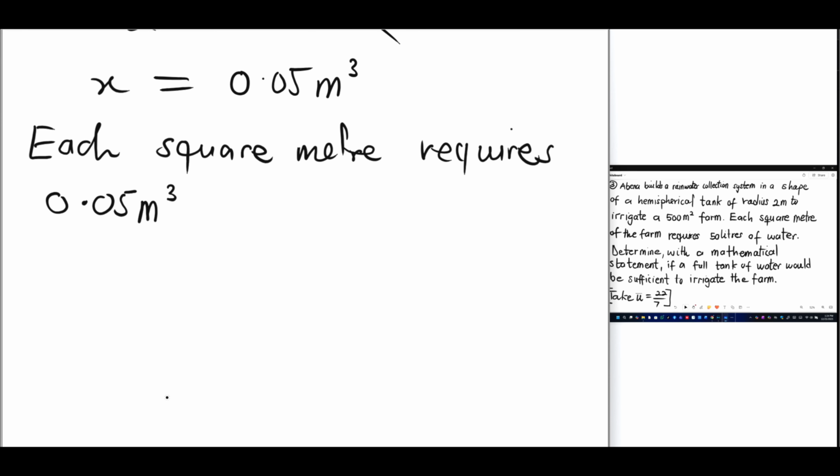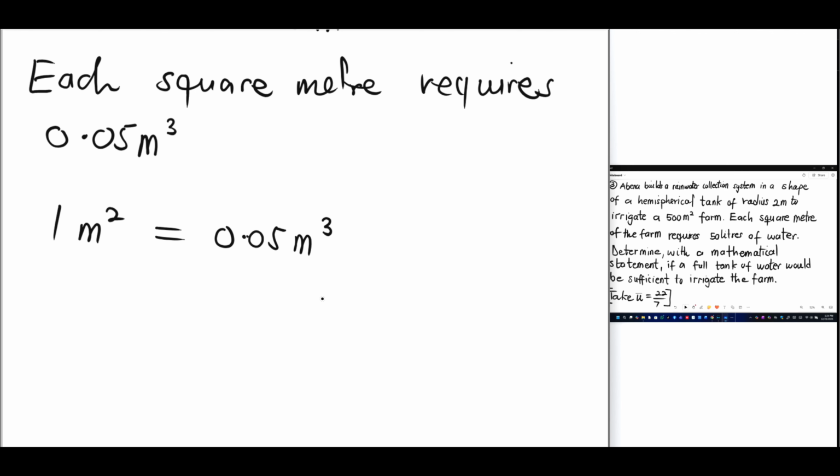Okay, so let us see what we are going to get. It implies that 1 square meter requires 0.05 cubic meter of water. Then we have another one.